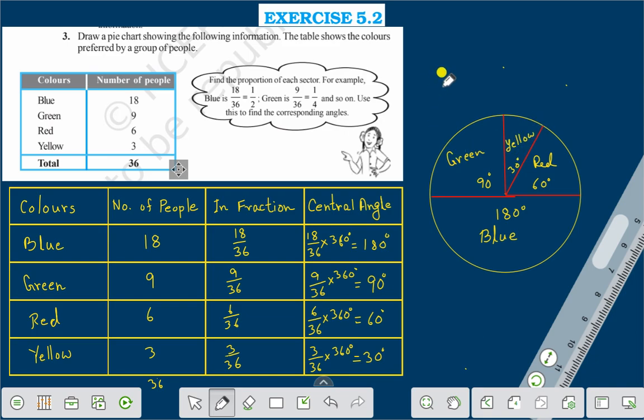Right? This is the pie chart. First of all, you have to make the table and find the central angle. After that, you have to make the pie chart.